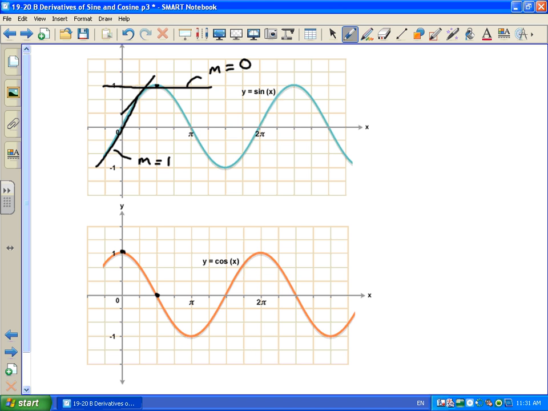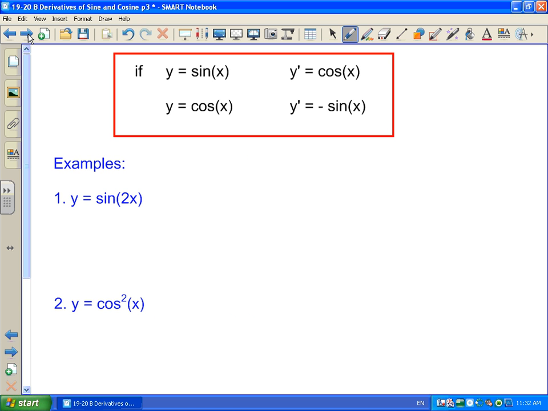And we can do the same sort of thing with cos x. Everywhere we drew the tangent on the cos x function would be the value of the sine function, except it has to be negative. So let's take a look at a couple of examples of applying these two rules that we've just established here.